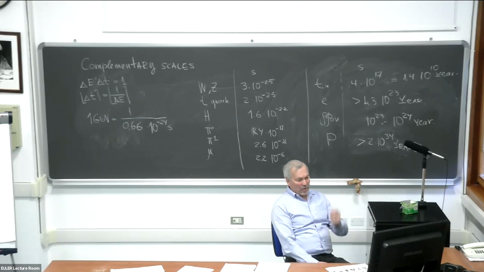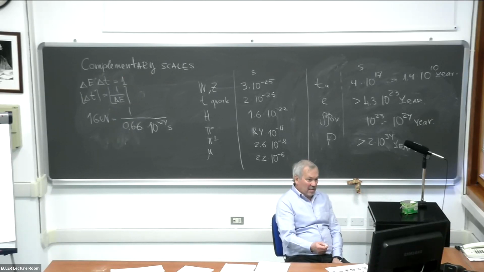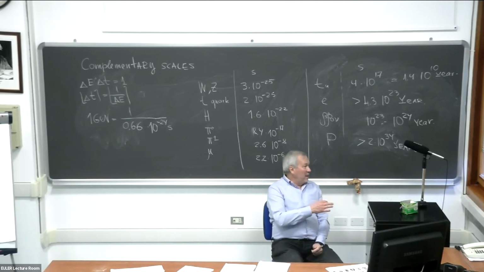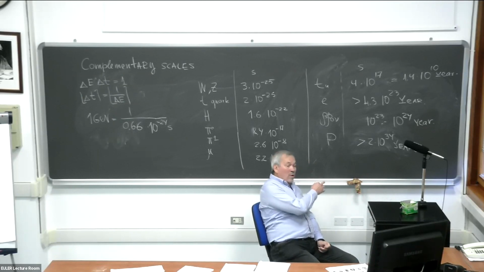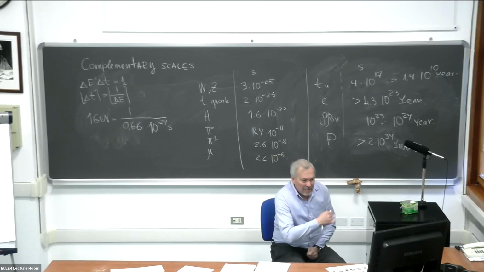If we just have one proton, of course it has a probability to decay immediately, but on average, and decay is a quantum process, it will decay during this 10 to the 34 or 10 to the 35 years.